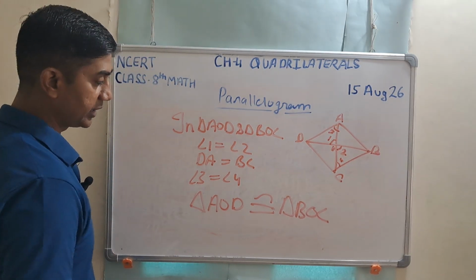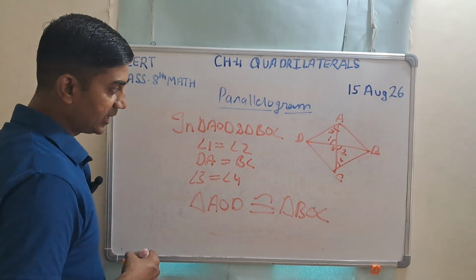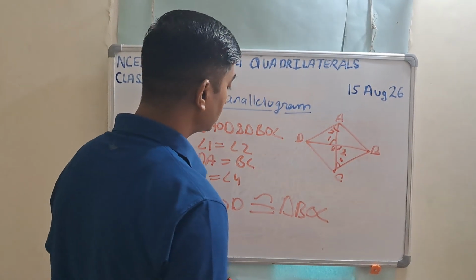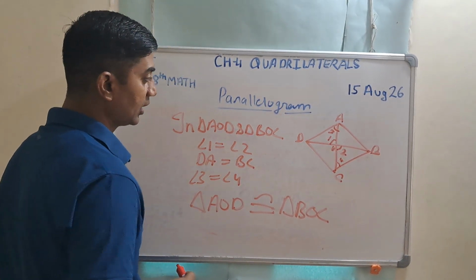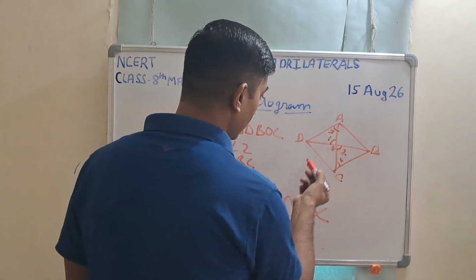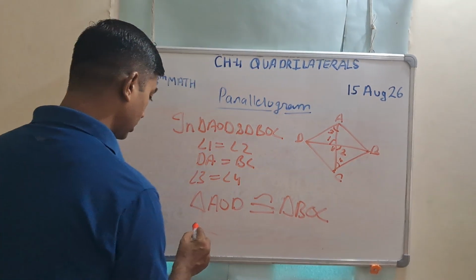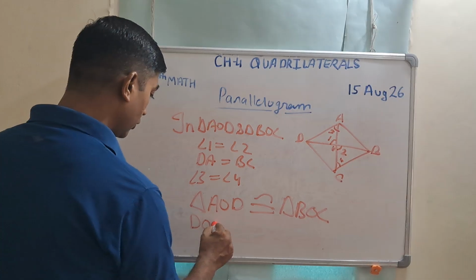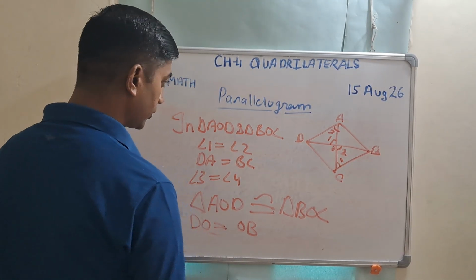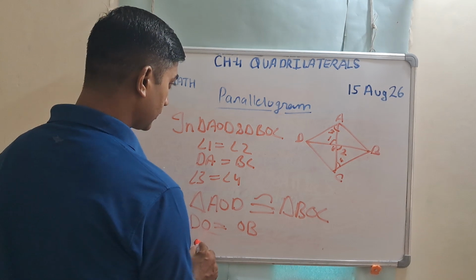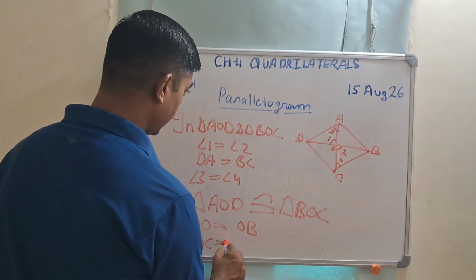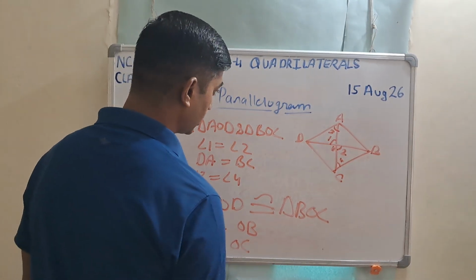Now these both triangles are congruent, so by taking the corresponding sides of the triangles we conclude that DO is equal to OB. Understood? And AO is equal to OC.